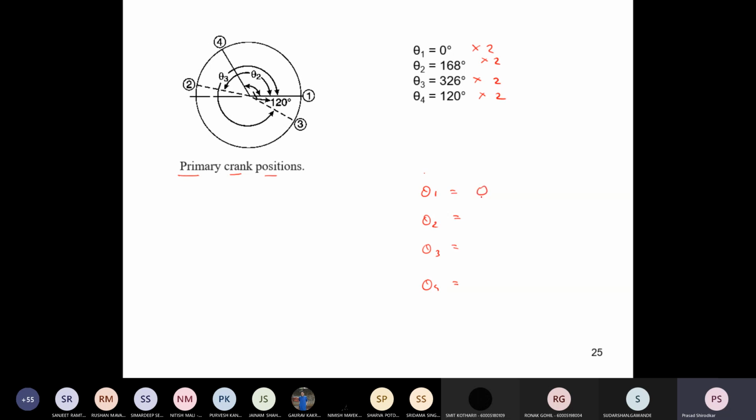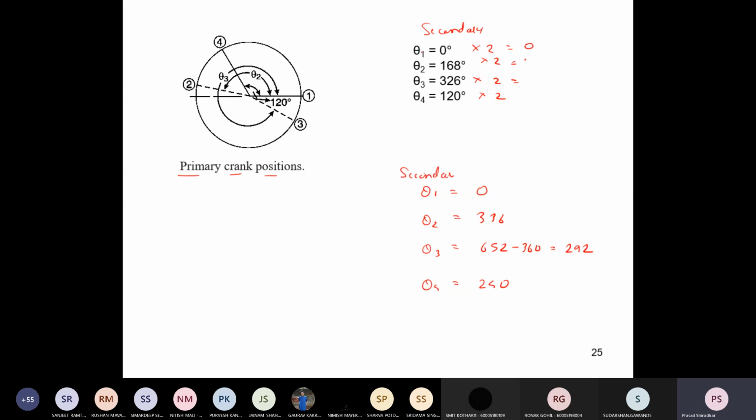So this becomes 0, this becomes 336, this becomes 652. So 652 minus 360, that becomes 292, and theta 4 becomes 240. So these are for the secondary crank positions.